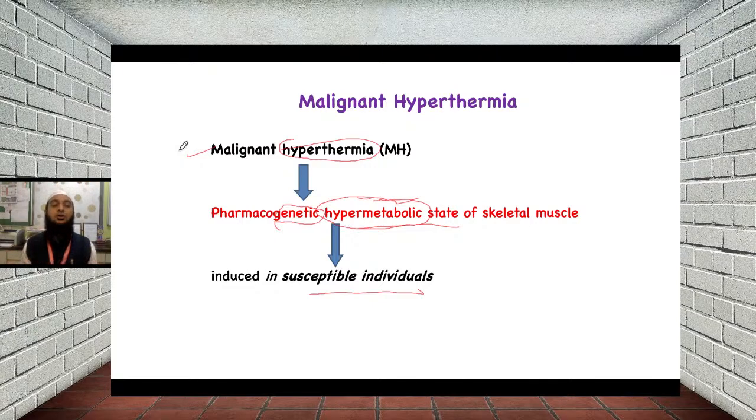Once you know that a patient produces malignant hyperthermia with a certain drug, you can report that in his case report. When he goes through surgery next time, the surgeon must know that last time he suffered from malignant hyperthermia with a particular drug.